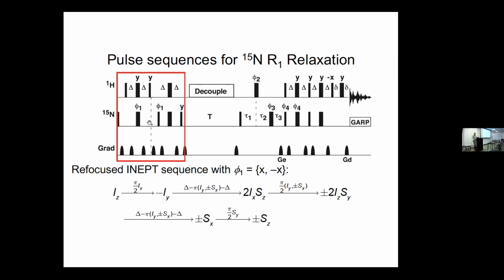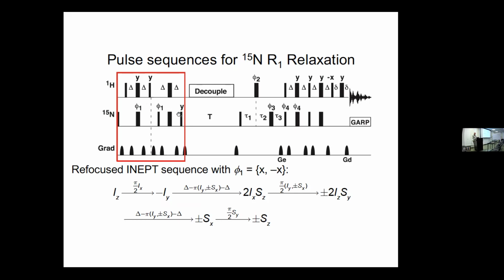This 180 here is going to dephase magnetization not attached to a nitrogen, including the water. And that can perhaps not be a good idea, because then you'll get saturation transfer from the saturated water to rapidly exchanging amides. So many newer sequences might have selective pulses here to put the water back on the z-axis before the gradient, to try to avoid dephasing the water.